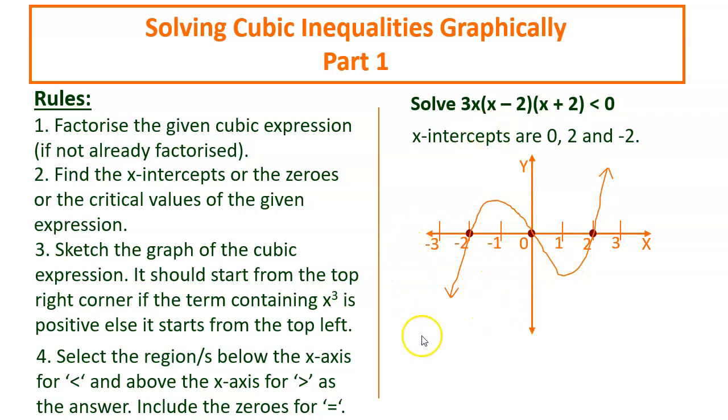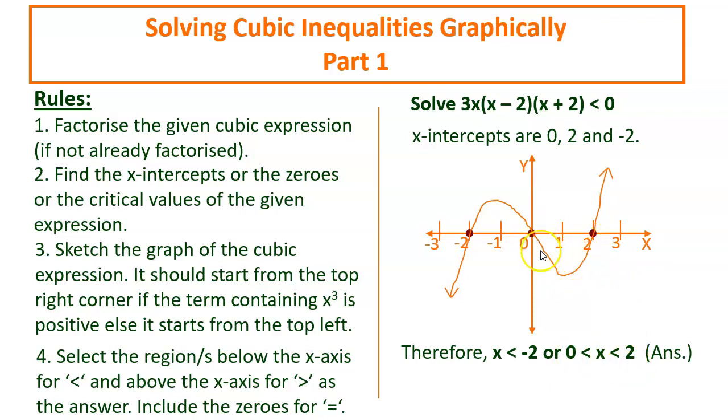So now we come to the writing of the answer. x is less than -2. All real number values of x which are less than -2 are included in the solution set of x, or, because these two are discontinuous regions, they have to be connected with this word or, x is greater than 0 but is less than 2.